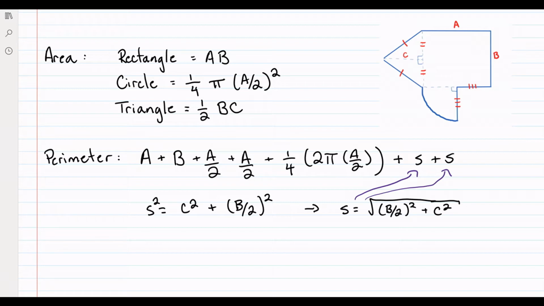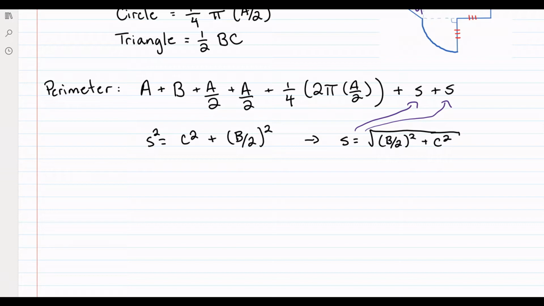Now, if we're looking at the angles, two of these angles are equal because this is an isosceles triangle. So this angle here and that angle there are the same. How are we going to calculate that? I have the opposite side and I have the adjacent side, so it is just the inverse tan.